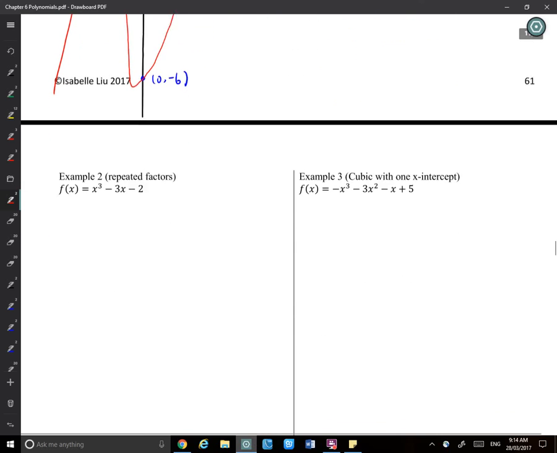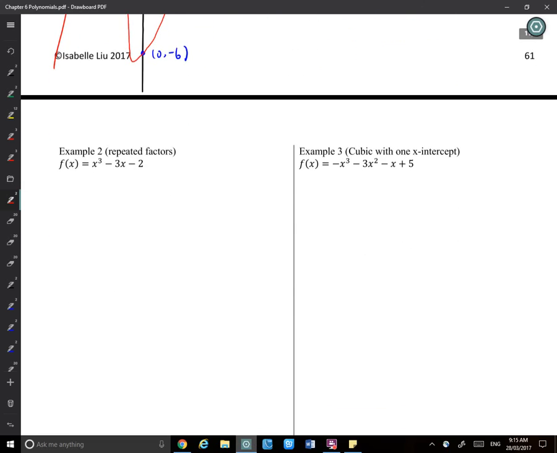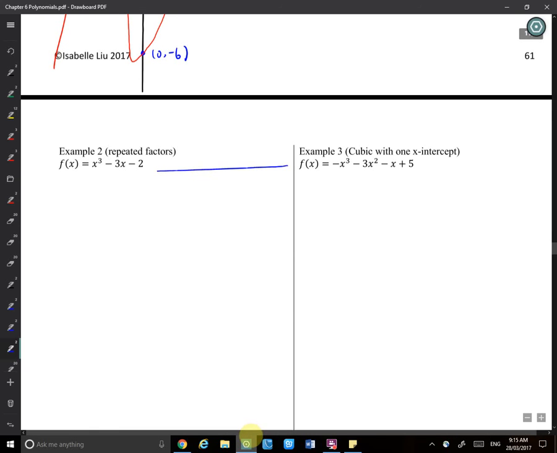The next thing I will show is when you have repeated factors. I'll set up this box.